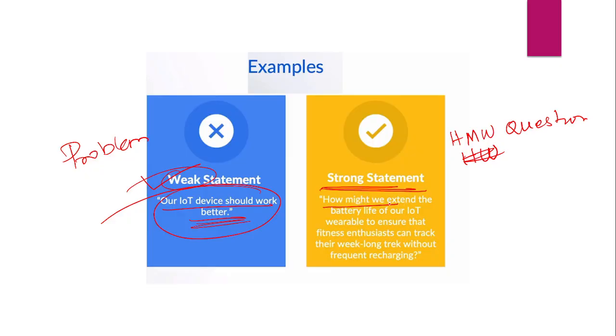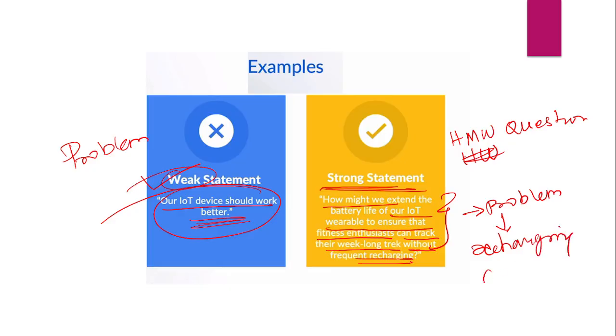How might we extend the battery life of our IoT wearable to ensure that fitness enthusiasts can track their week-long trek without frequent recharging? So here the problem statement is looking at the recharging cycle of the battery.